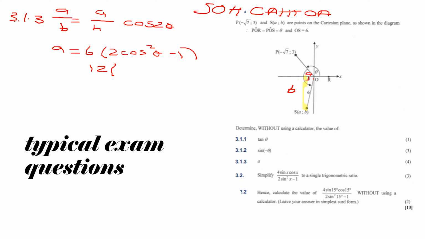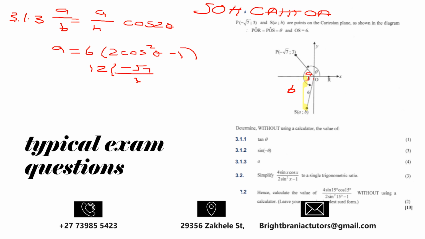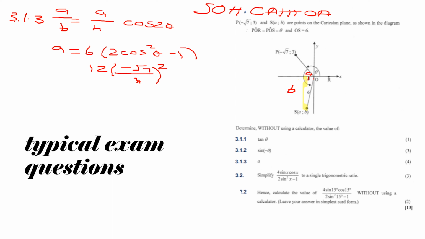Our adjacent side is negative root 7 over 4, which is our hypotenuse. Square that, and then we multiply that to get it on the other side. 6 times negative 1 is negative 6, and that's what we're left with.